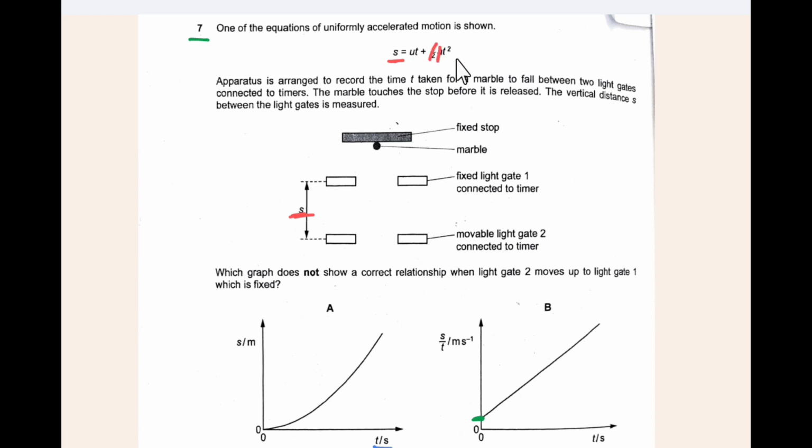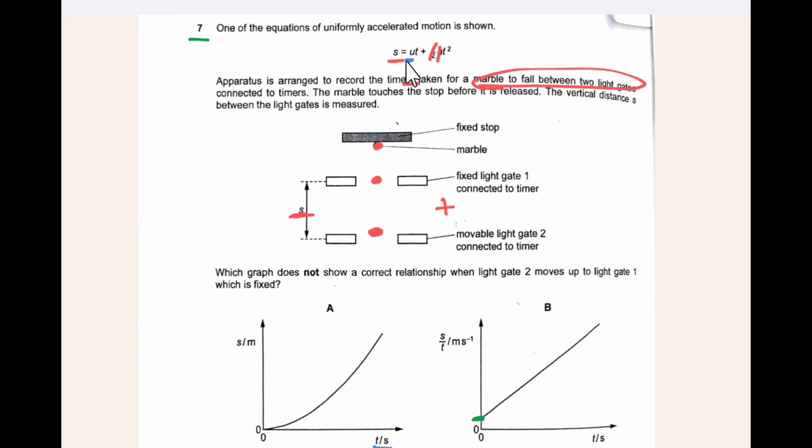What is T? T is the time for the marble to fall between the two light gates, that is for this marble to fall between this light gate and this light gate. This is the value of T, the time taken for the marble to fall between these two light gates.